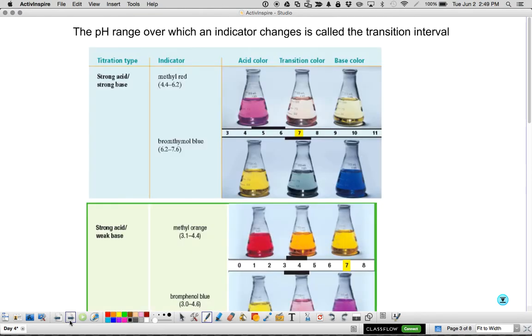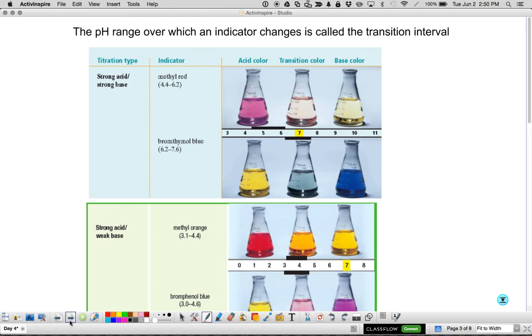The pH range over which an indicator changes color is called the transition interval. So the transition interval for, let's say, methyl red is 4.4 to 6.2. So it changes color over these intervals.